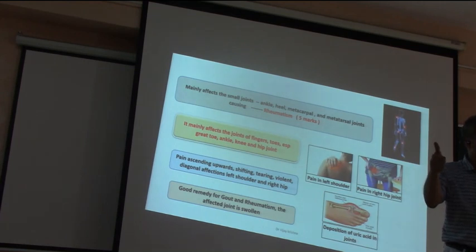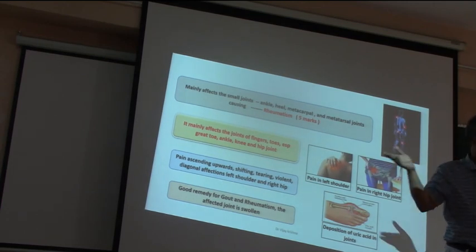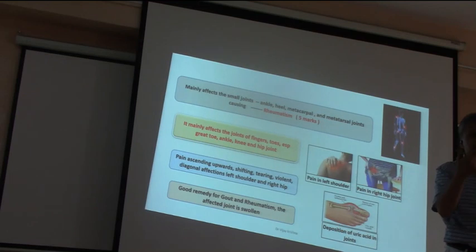We spoke of sphere of action, affinity for which joints. Acting on these joints, what will Ledum cause? It will cause inflammation, rheumatism. Then we also looked at the character of pain. Diagonal pains, pains which keep shifting, ascending, violent, tearing. And again a very good remedy for gout where the great toe is affected.